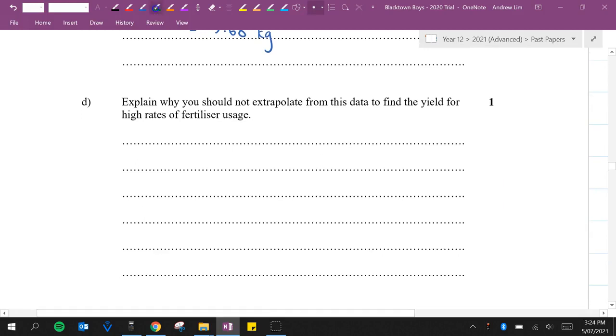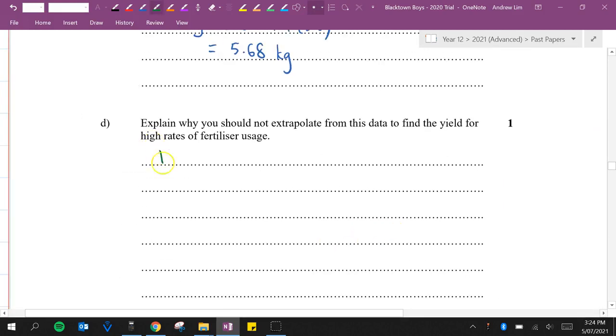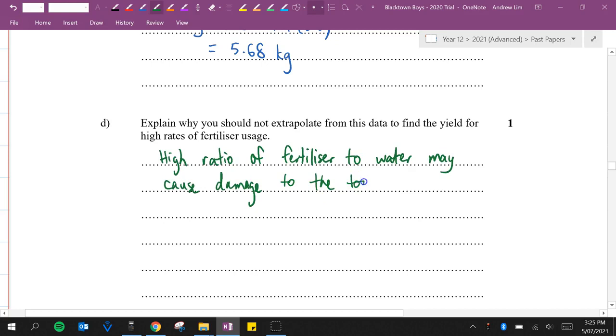So I'm just going to write here that high volumes or a high ratio of fertilizer to water may cause damage to the tomato plant. Okay, so we can't assume that the more fertilizer there will be, the higher the yield.